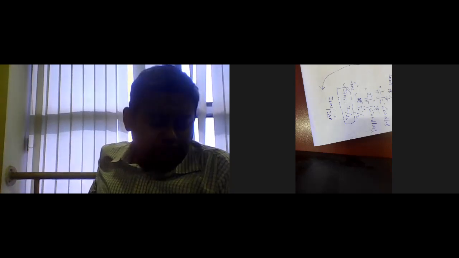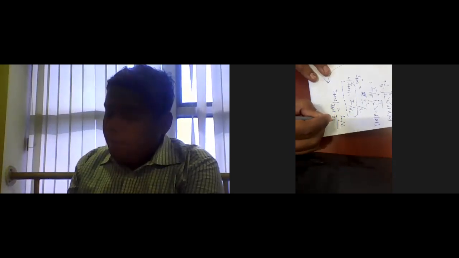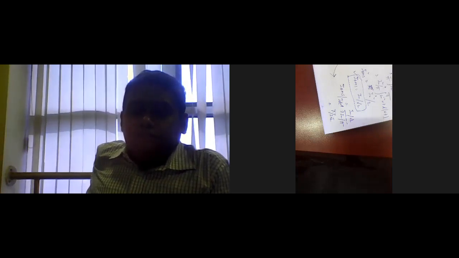Very simple. That is Im by root 2 divided by 2Im by pi, which is already defined. So that is equal to pi by 2 root 2. What is the value of pi by 2 root 2? That is IRMS by IDC.